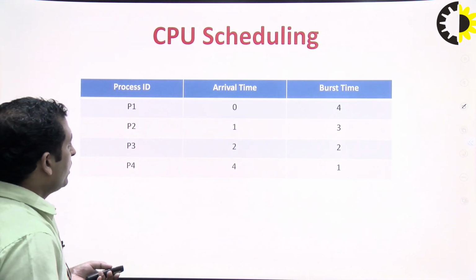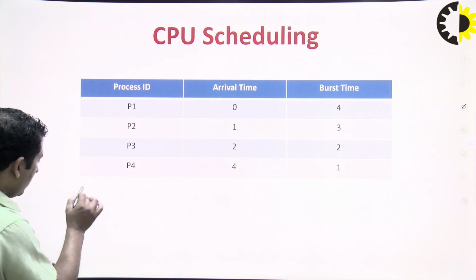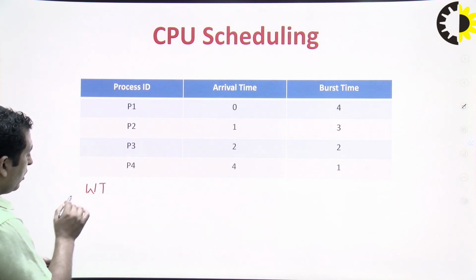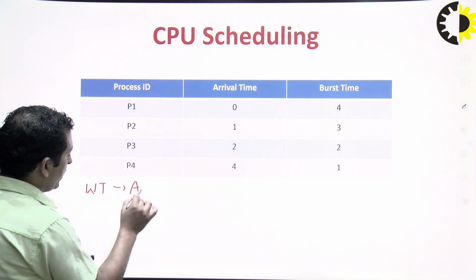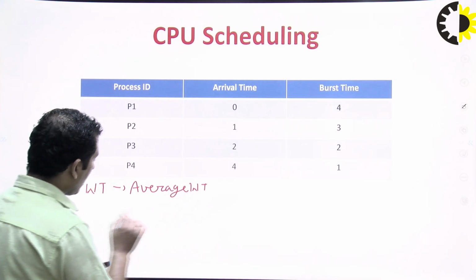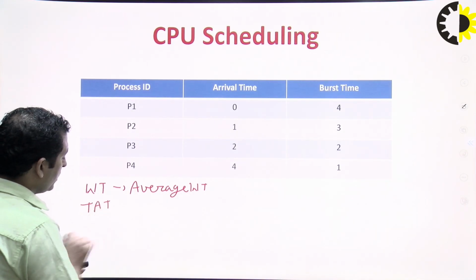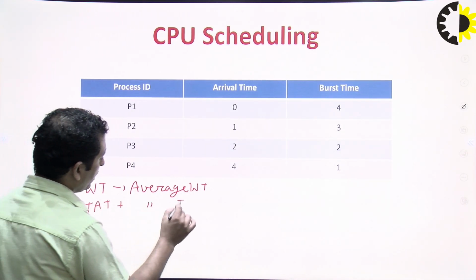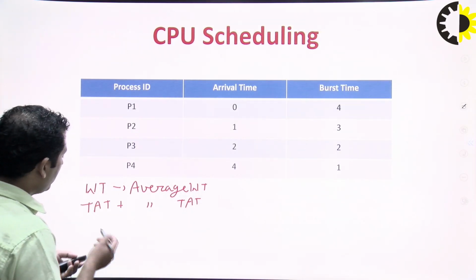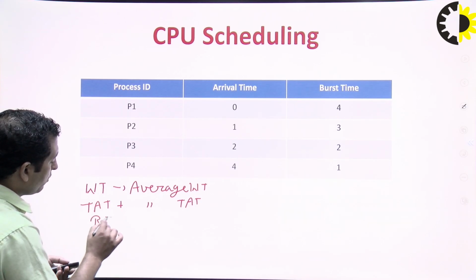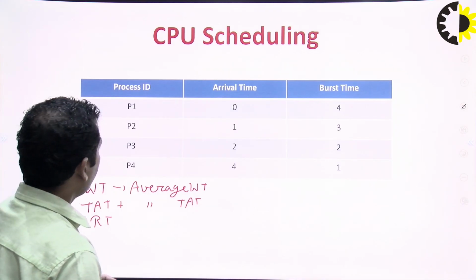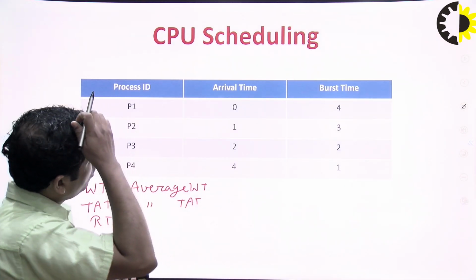So, we can get the average waiting time, the average turnaround time, and the different CPU criteria, such as response time, or average response time for the processes.